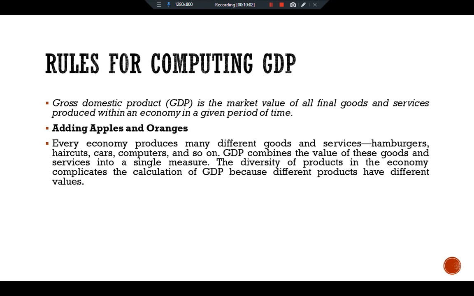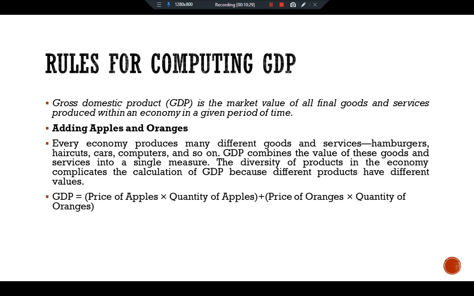To compute the total value of different goods and services, the national income accounts use market prices because these prices reflect how much people are willing to pay for a good or service. Thus, if apples cost $0.5 each and oranges cost $1 each, GDP can be calculated as the price of apples multiplied by the quantity of apples plus the price of oranges multiplied by the quantity of oranges.